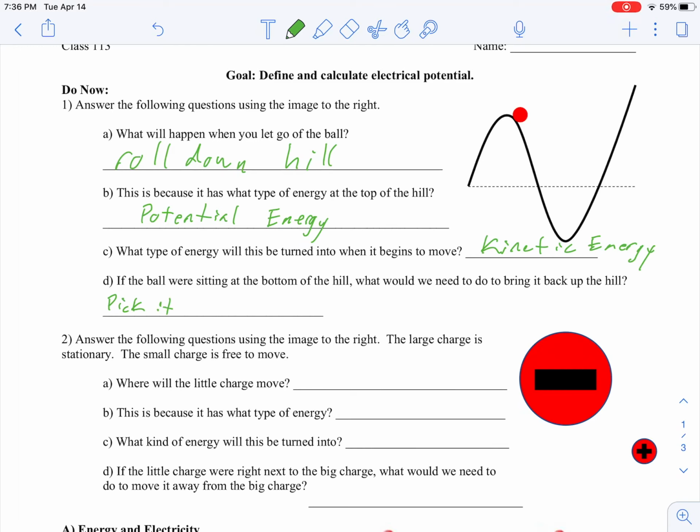You could pick it up. You could push it. Either way, what you have to do, and this is the important part, you have to apply a force over a distance.